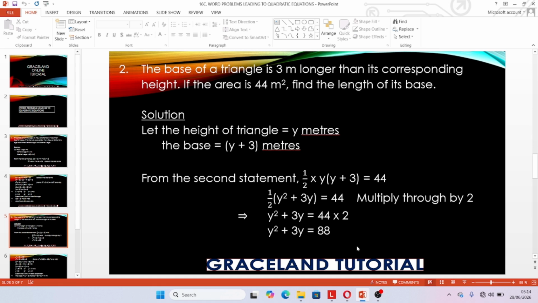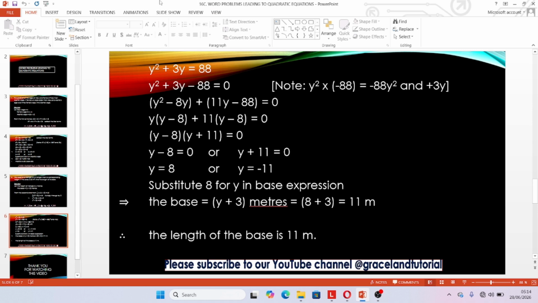So y squared plus 3y is equal to 88. Then we'll move 88 to the left-hand side, which turns to minus 88, equal to 0.